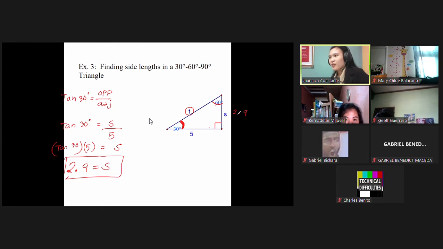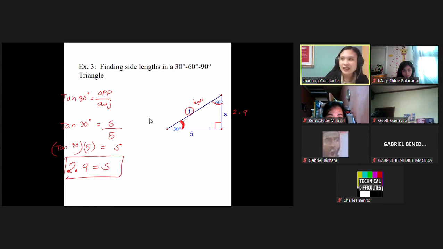So we can now proceed to the second missing side of our triangle, which is side T. Since T is our hypotenuse, let's say we're going to use the 60 degrees, or if you still want to use the 30 degrees, it's fine. Okay? It's either of the two angles we're going to use, as long as your ratio is correct, you will have the same answer.